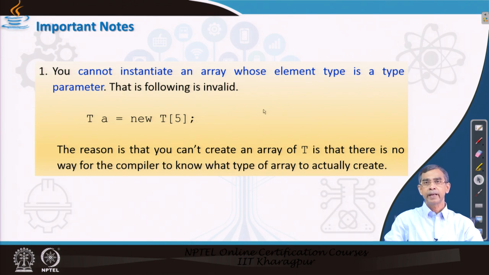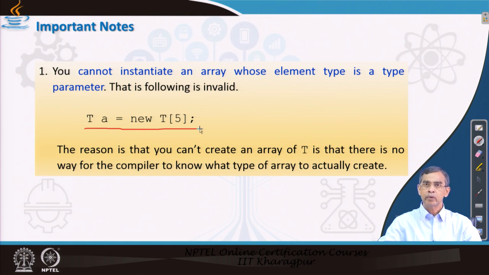If you declare a type as a template, this means that it can hold any type, but in that declaration, in any method, you cannot declare an array of generic type. For example, this kind of declaration in any method inside the generic class is invalid. Why?